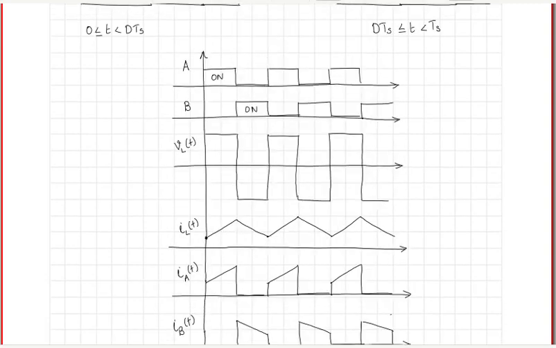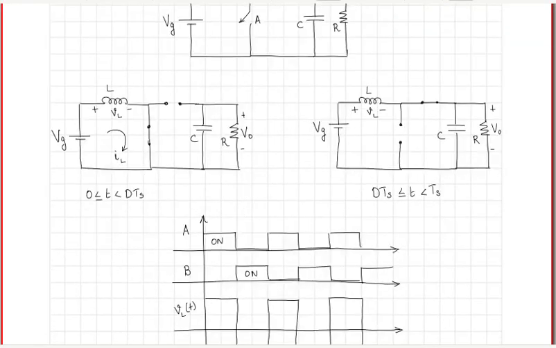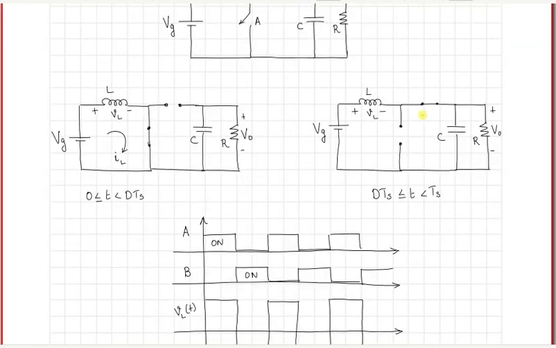And what we can see is that the average value of the current through switch B is going to be equal to the load current, because switch B comes in series with the parallel combination of C and R, and the average current through the C should be 0 as per amp-second balance.